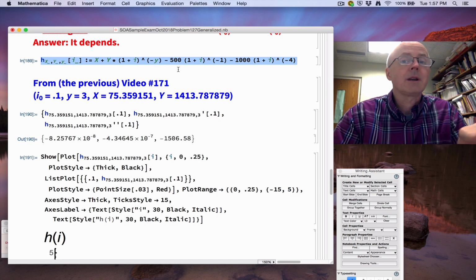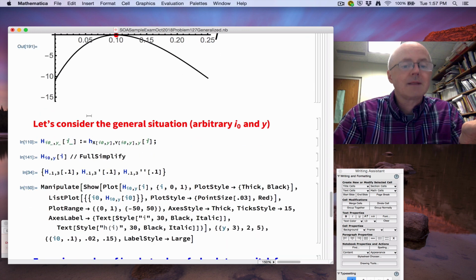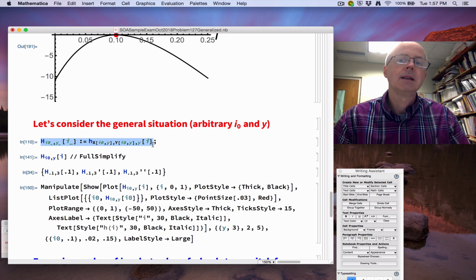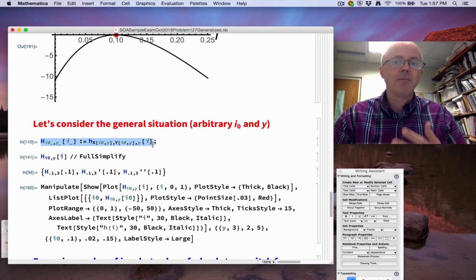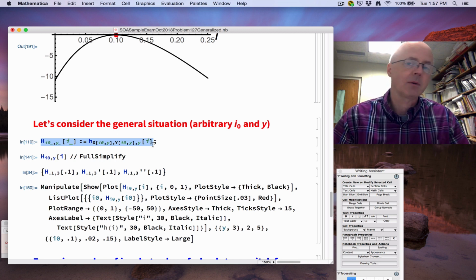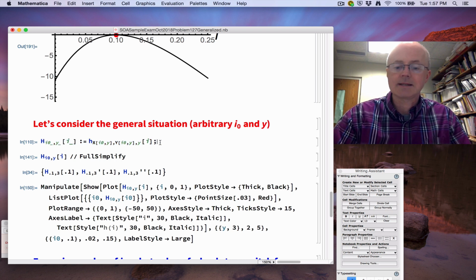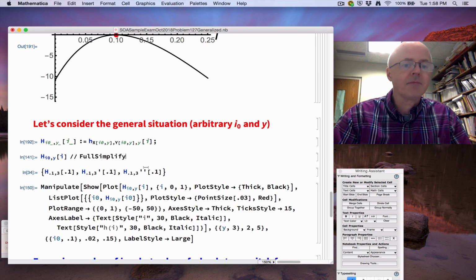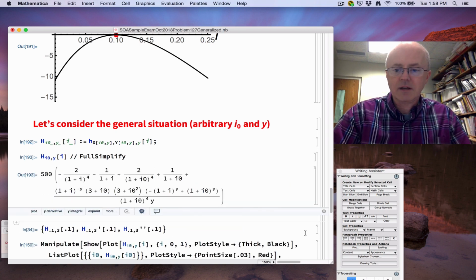That's what I did earlier when I found capital X and capital Y was solve. That's what I'm using here when I define those functions. So essentially, by doing this, I am thinking about the specific H functions that solve the problem in the sense of matching present values and matching durations. I'm using the capital X and capital Y functions that I solved for earlier. Okay, but effectively this is the same as little h. I'm calling it capital H just because it's a different thing in Mathematica. It's kind of a complicated looking function.